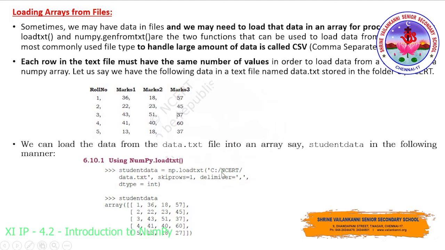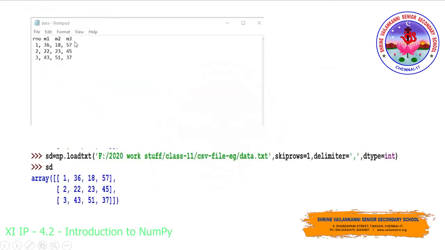Inside the C drive, inside the NCERT folder, I have stored this data.txt file, and that path I have to provide here within quotes. Followed by that, I have provided three more parameters: skiprows, delimiter, and dtype. skiprows equal to 1 means the first row, which I have given as the header in the notepad, will be skipped.